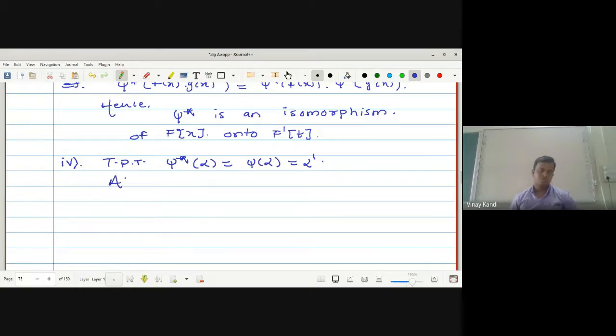Now, also we have psi star of alpha is equal to psi star of alpha into x raised to 0, which is equal to, applying psi star on this one, psi of alpha into t raised to 0. But what is psi of alpha?